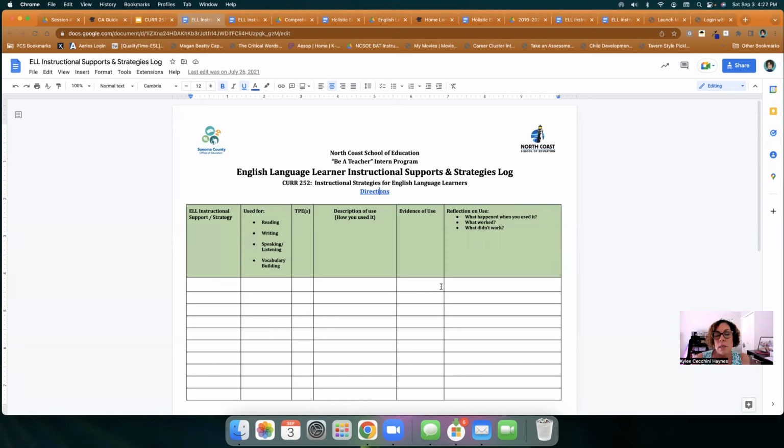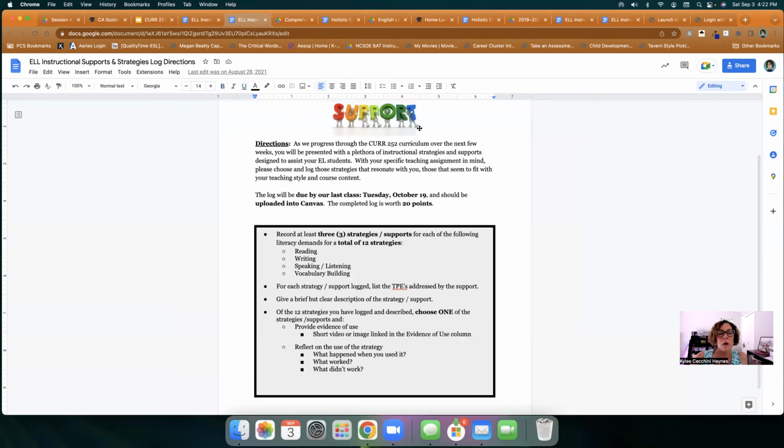All right. So these last two columns you only do for one of the strategies. And that says that in our directions here. This fourth bullet: of the 12 strategies you've logged, you choose one. You provide evidence of use, a video or image, and then reflect on the strategy. All right. And the way I've worked this is that each class session, I will be providing you strategies.